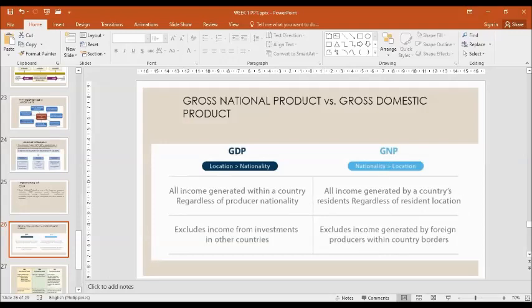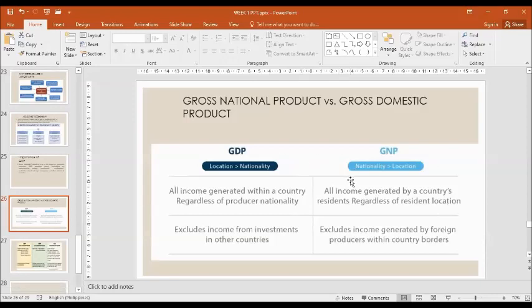Even if they are working abroad, since they send remittances to the Philippines, it counts in the gross national product of our country.